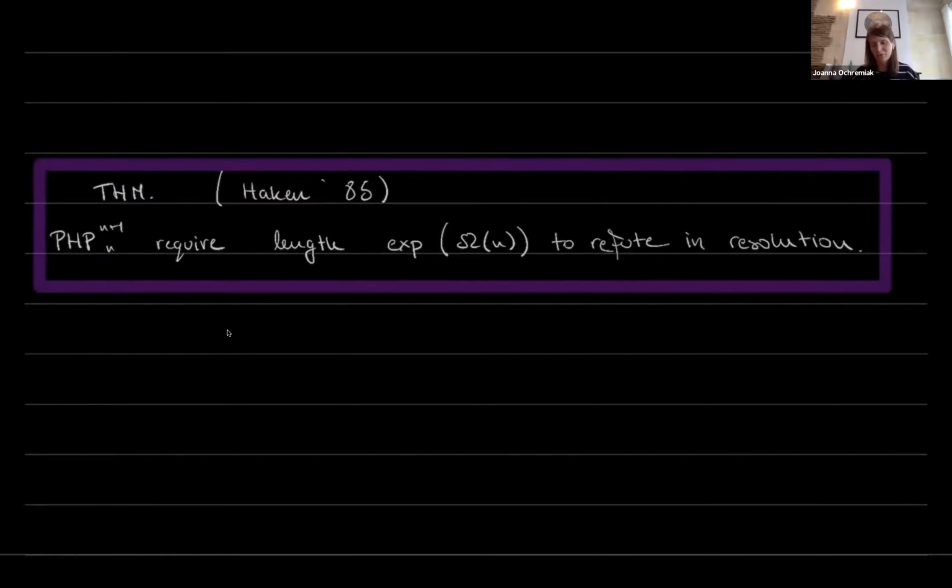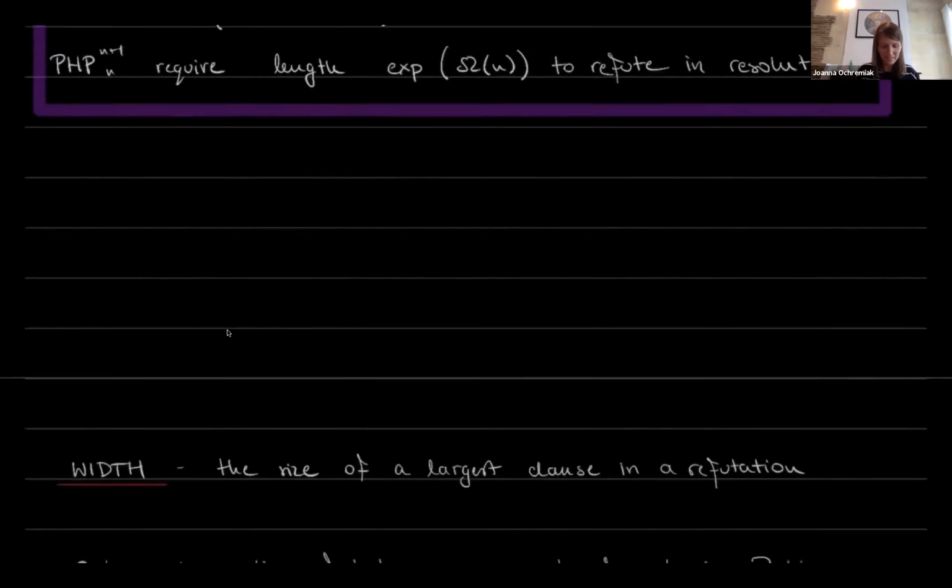I'm not going to give you the proof of this theorem, and this is basically the only lower bound that I will give you in this talk. This is the first one that we had.